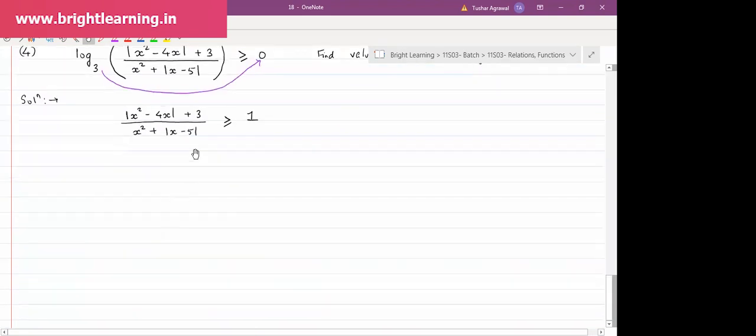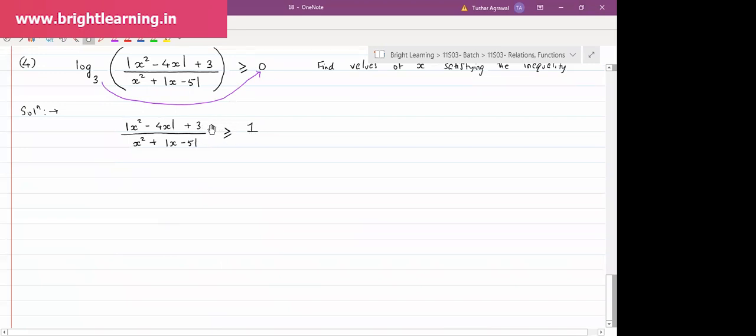Now here, I will bring subtraction. Then in the numerator, it becomes x square plus modulus of x minus 5. So in the numerator part, you have modulus of x square minus 4x, where again you will have to consider cases. Which cases? 0 and 4. The graph of this mod is something like this.